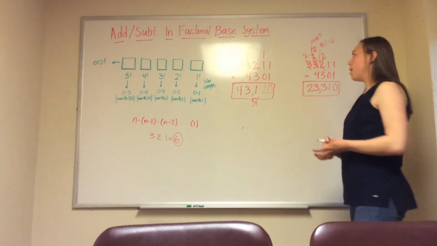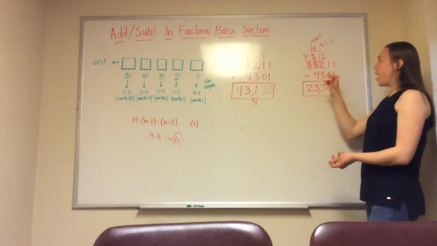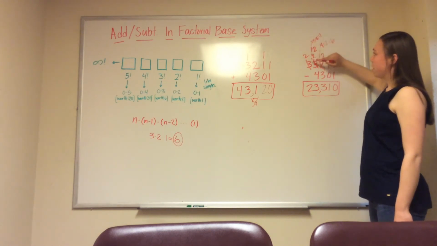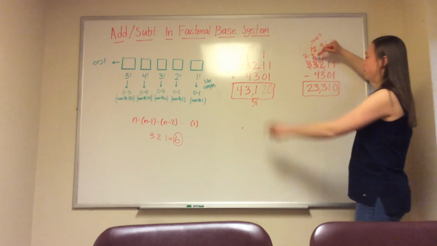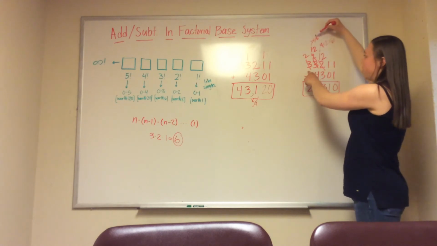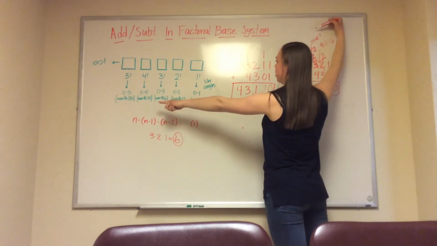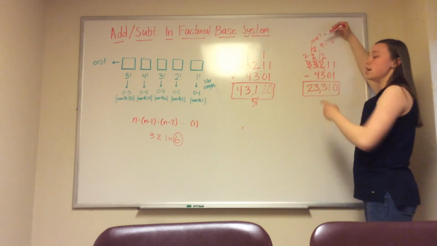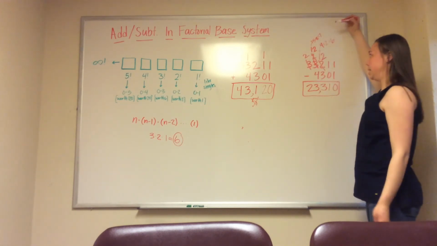Now another thing that I just want to explain quickly is why it works to just consider this worth 5 and not worth the 120 of the 5 factorial. We're just going to consider it 5, similar to how we do it in base 10.